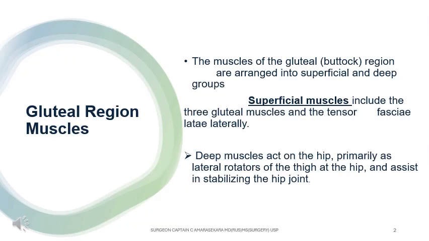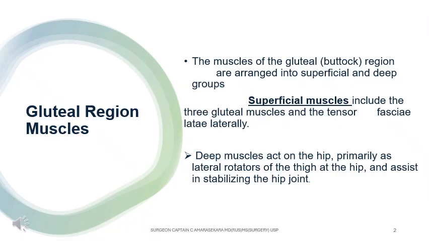Now, let's break down the muscular architecture of the gluteal region. These muscles are organized into two functional layers, superficial and deep, each contributing to movement, posture, and joint stability. The superficial group includes the three gluteal muscles, gluteus maximus, medius, and minimus, and the tensor fascia lata laterally.